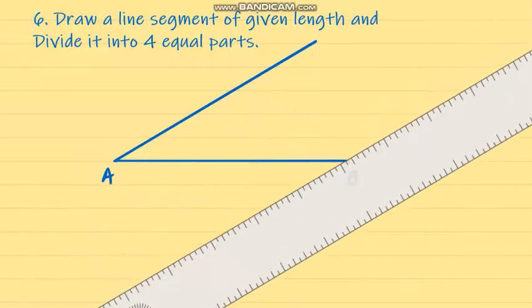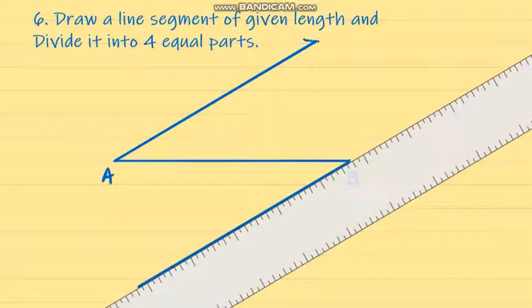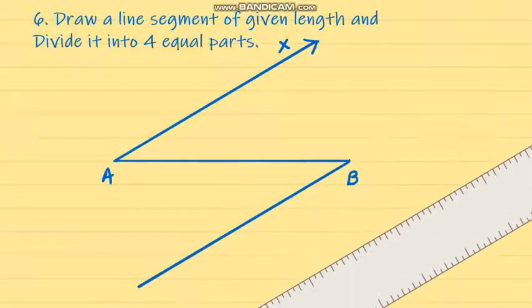This is to make the rays which you are drawing at A and B parallel. You are drawing a ray AX and another ray BY, and both the angles must be equal. So here 30-degree and here 30-degree I have taken.